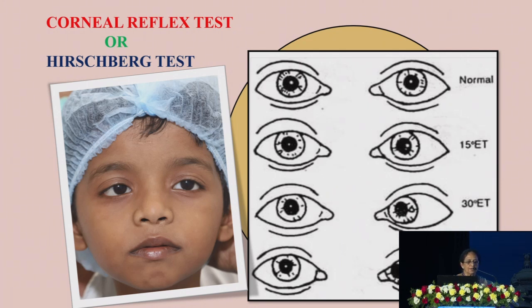If it is on the temporal side of the pupil, it's an esodeviation. If it is on the nasal side, it's an exodeviation. Similarly, up or down. And you can quantify it: for about 1 millimeter of deviation, the deviation will be about 5 to 7 prism diopters. So this is a very crude test, but it's always helpful.